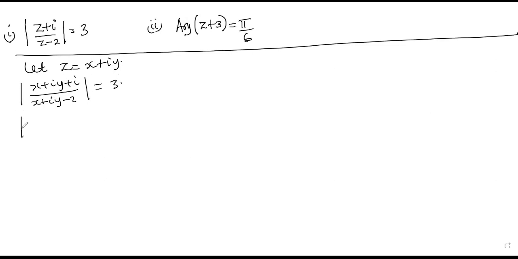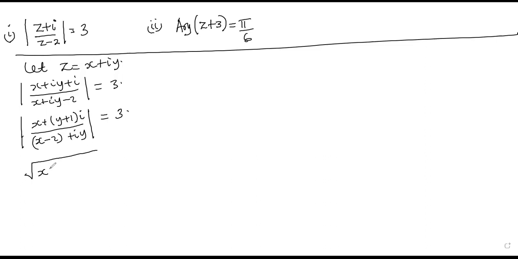So when you collect like terms, you'll have x plus (y plus 1)i over (x minus 2) plus iy is equal to 3. So it would imply that the square root of x squared plus y plus 1 squared, because this is the magnitude of this over the magnitude of this.